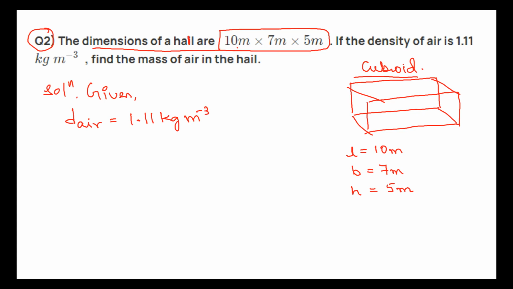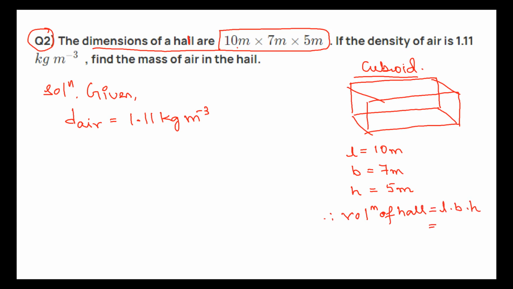Once the density of air is given to us, length, breadth, and height is given to us, then we can calculate volume from here. Volume of hall will be equals to length into breadth into height.